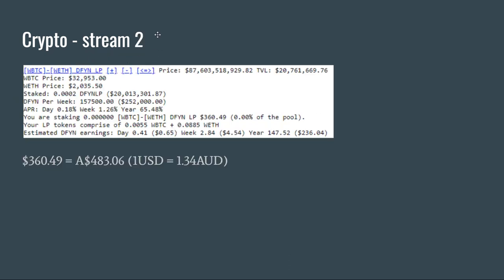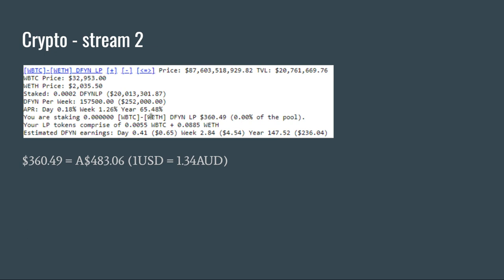So stream 2 is a lot easier. I have put a Bitcoin and Ethereum pair onto another liquidity exchange, and that total value is over here, $360.49, and you can see that the reward rates, or the annual percentage reward, is quite high.